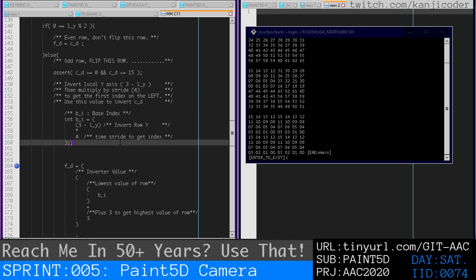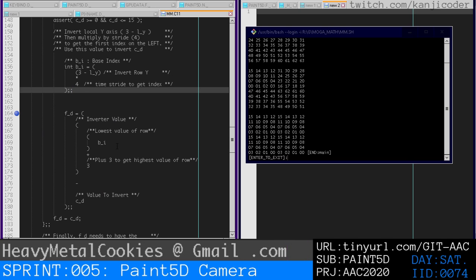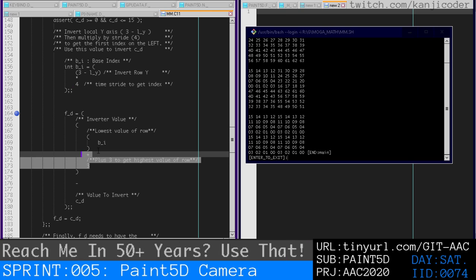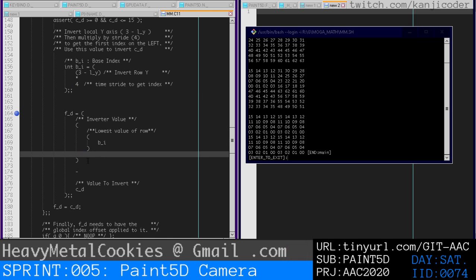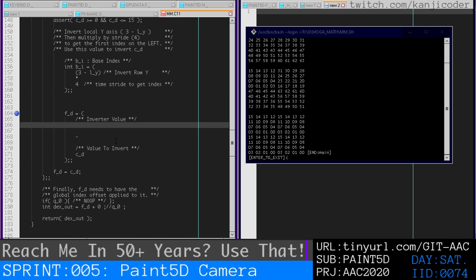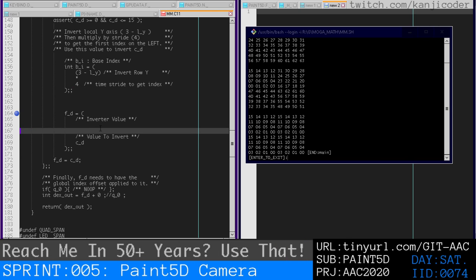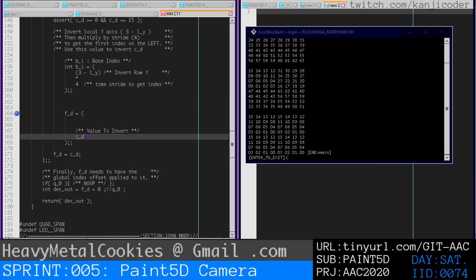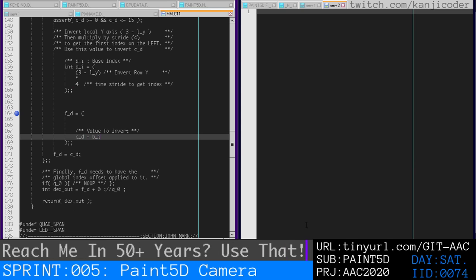So take that, and instead of doing this +3 here, we're just going to do this CD, and we're going to minus the base index. And we should expect the values to keep on counting up exactly the same.